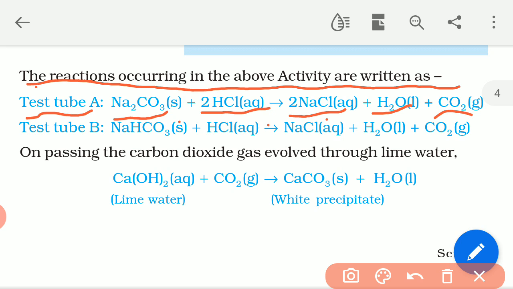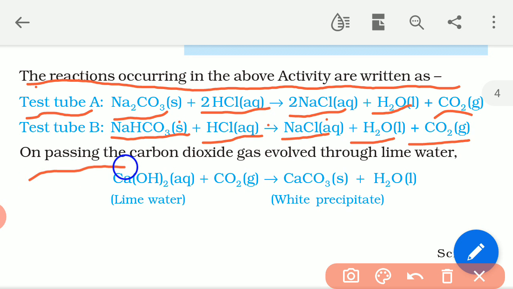Now in the second test tube, NaHCO3, sodium hydrogen carbonate or sodium bicarbonate, reacts with HCl; NaCl is formed, plus H2O plus CO2.